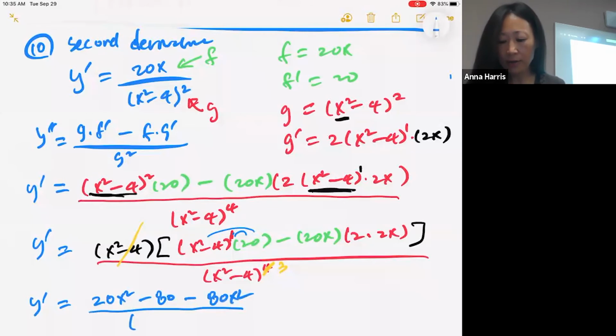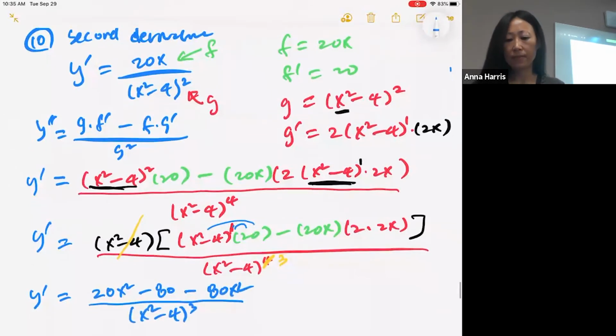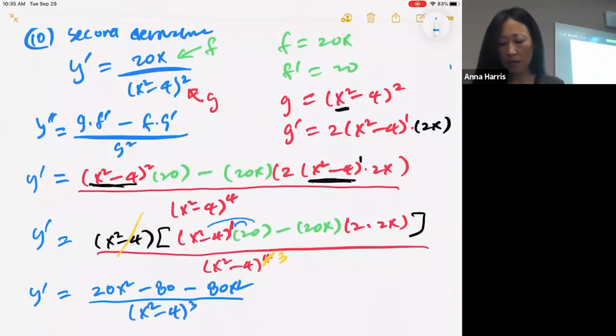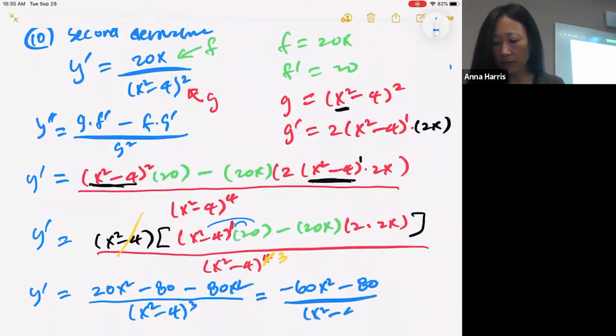Everything over (x squared minus 4) to the 3rd power. Let me combine a little more. 20 minus 80 gives me a negative 60. So I have negative 60x squared minus 80, everything over (x squared minus 4) to the 3rd power. So that is my y prime.